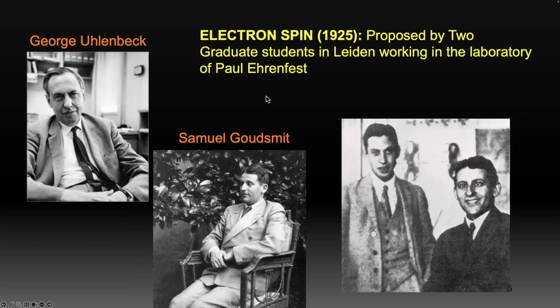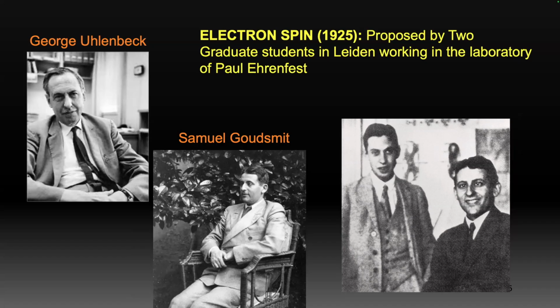These two, at that time graduate students in the lab of Paul Ehrenfest, a very famous physicist of the time, thought, well, no, this can be interpreted if you assign a spin to an electron. So they actually used the word spin. They introduced the concept of spin, hence the century of spin.